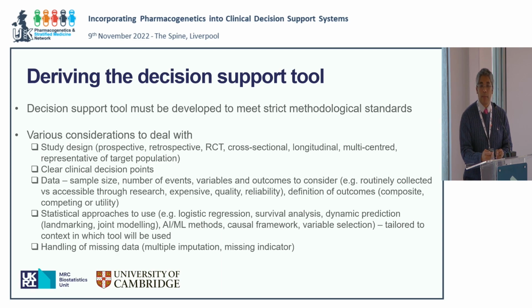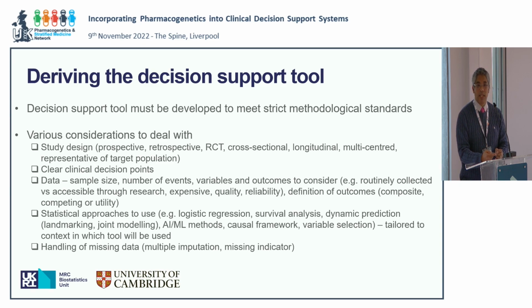We need to also think about whether it's not just one outcome, but multiple outcomes, whether there's a benefit outcome and a safety or adverse outcome to this. And maybe we need to think about utilities and maybe even building in cost effectiveness and patient preference.